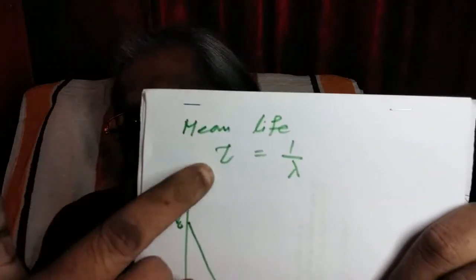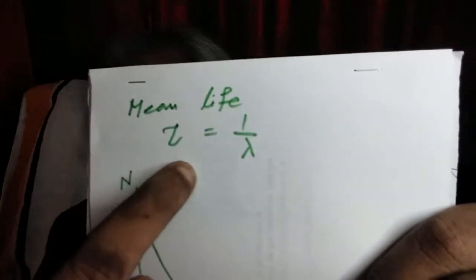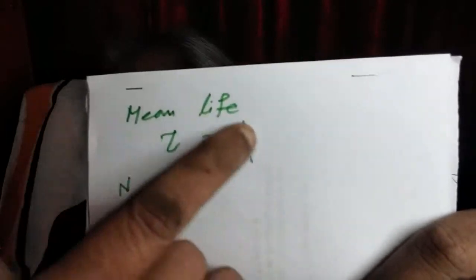So mean life is represented by the letter tau and it is 1 by lambda, the reciprocal of the disintegration constant. Half-life is 0.693 by lambda. Mean life is 1 by lambda.